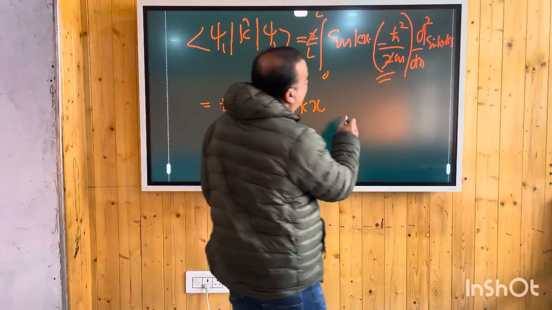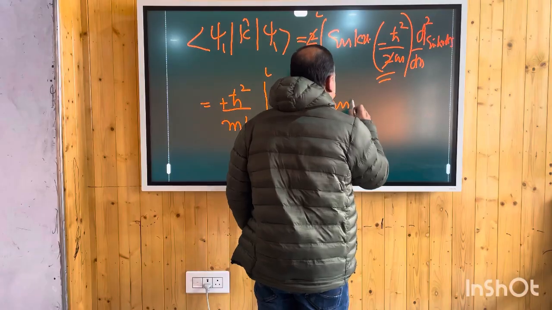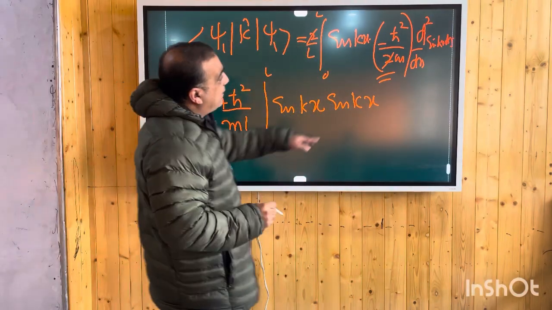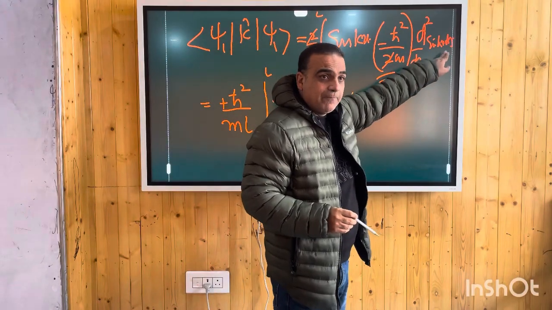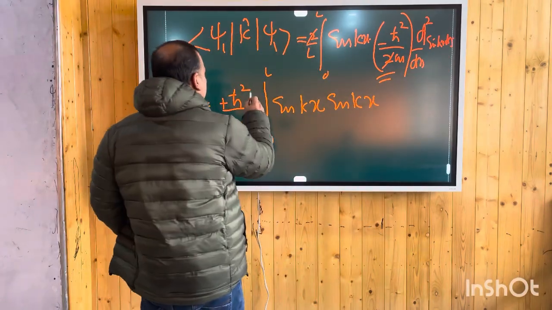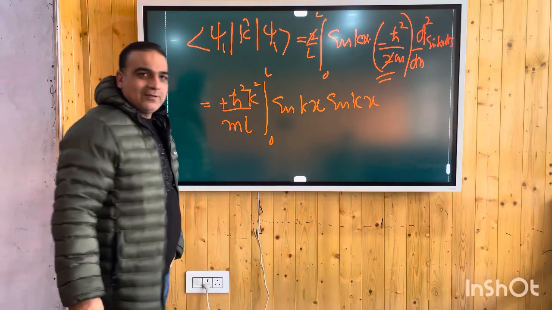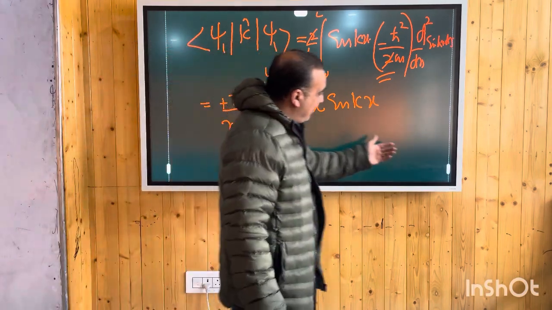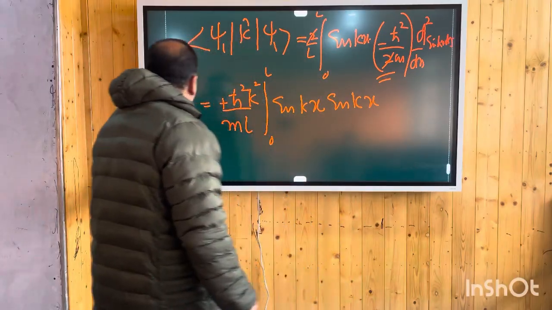So what you will have here is sine of kx. But you have to multiply the internal derivative of kx, so that will be k square, am I right? Fine? Okay, now this integral is a very popular integral, and we know its value.